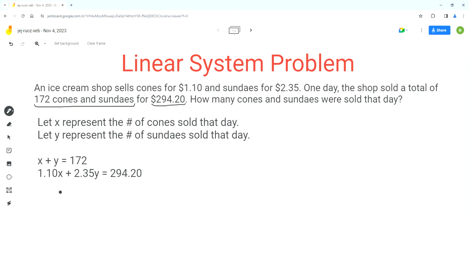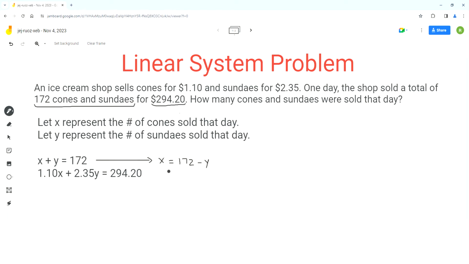Now in this linear system, the first equation has x and y terms with coefficient 1, so we can isolate either x or y from the first equation. So if we isolate x, we get x equals 172 minus y, because when we move y to the right side of the equation, it becomes a negative term.